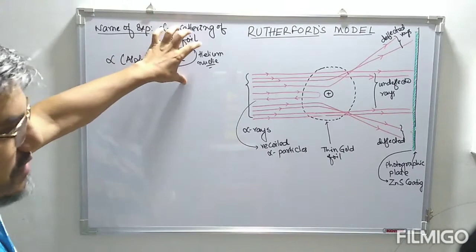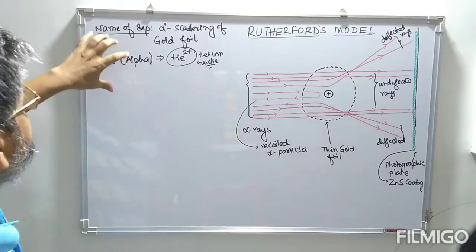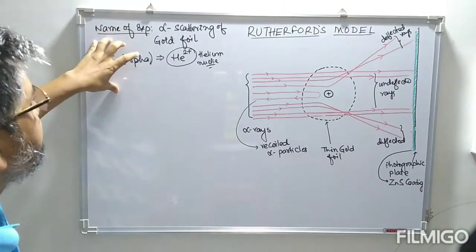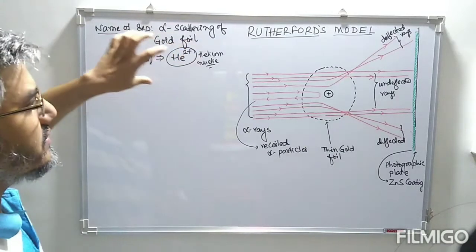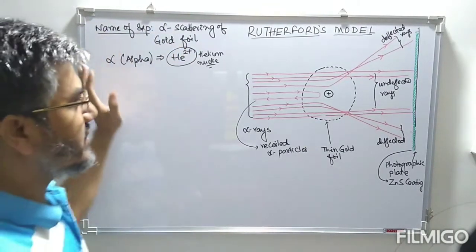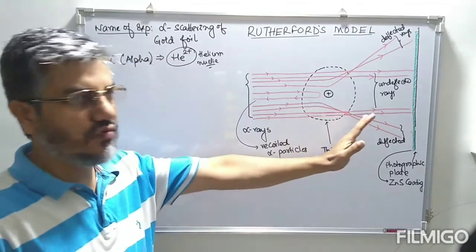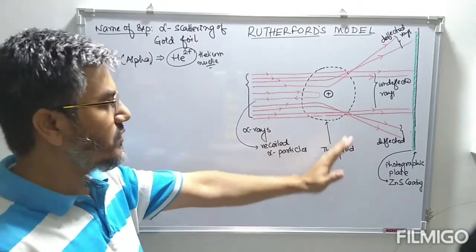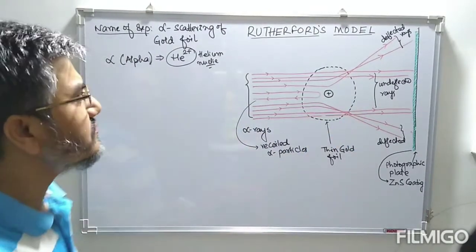So positively charged helium nuclei is known as alpha. So we have a positive charge. This positively charged alpha particle is made to pass through a thin gold metal foil.